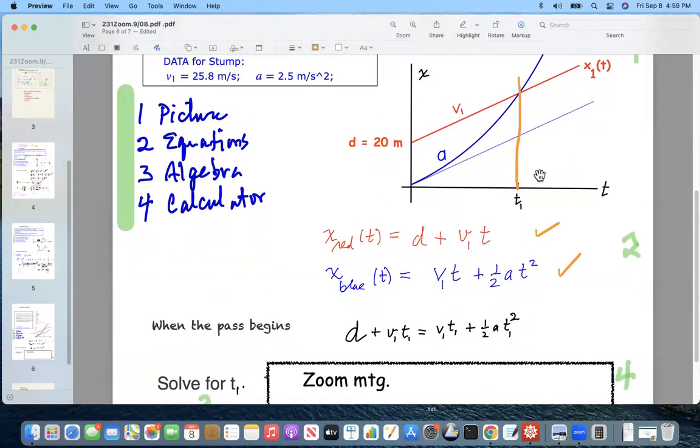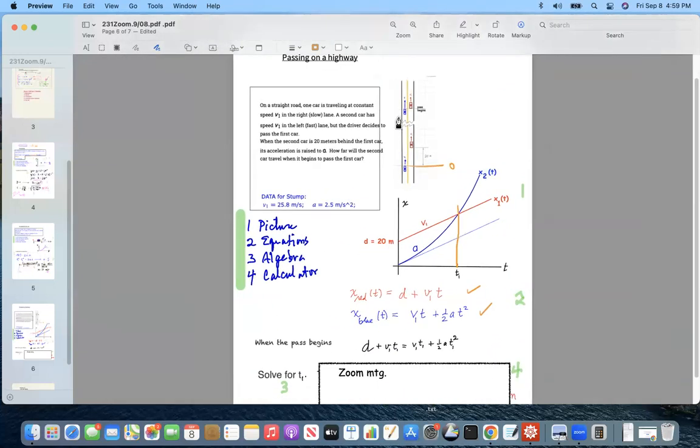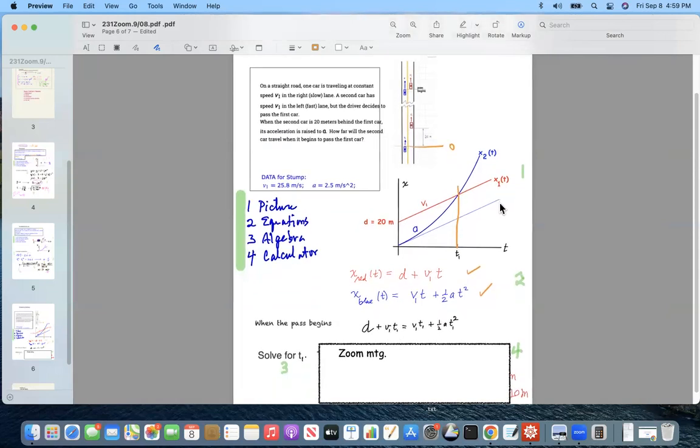Now, when the pass starts is when x red is equal to x blue. So he just begins to pass the red car when x2 is equal to x1. So let's write down x1, it'd be d plus v1t1 equals x2, which would be v1t1 plus 1/2 at1 squared. So that's x red at t1 is equal to x blue at t1.